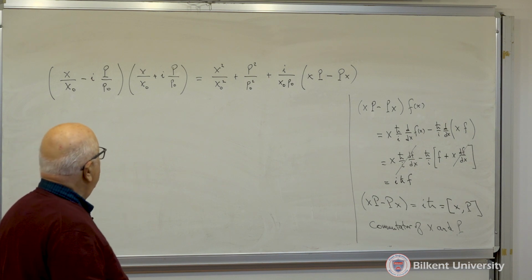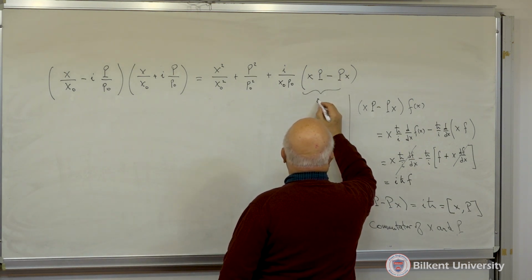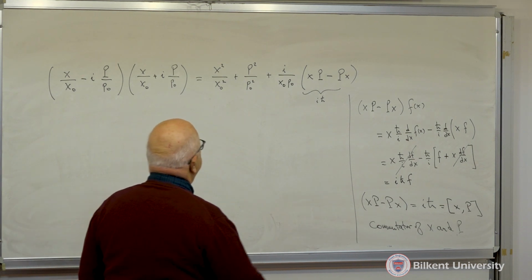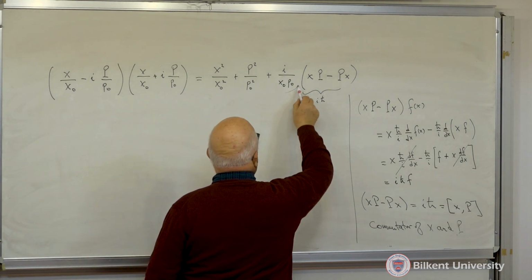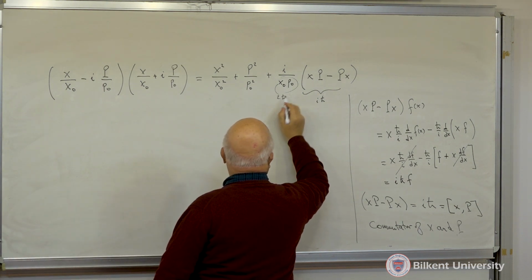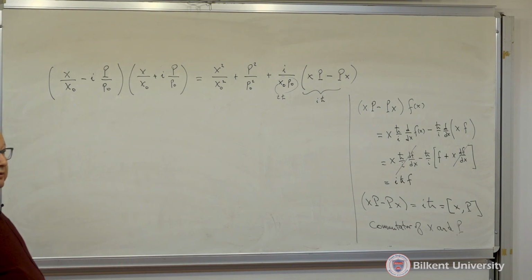But in any case, now this we have found to be equal to i h bar. And this x0 p0 we said was equal to 2 h bar. So what do I get when I multiply them together?